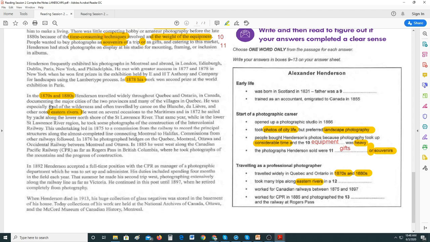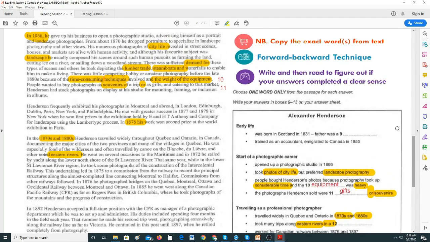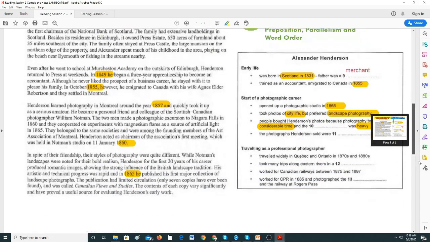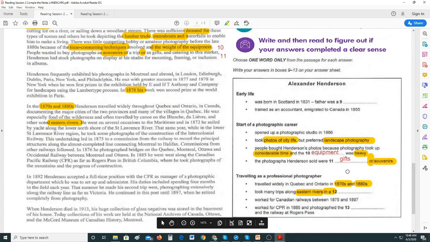Now he was especially fond of the wilderness and often traveled by canoe on the Blanche. Now in here, if you see the article rule in here, I told you in the previous page that article is very important, because if you find a, after a you need to have a noun. If you find the, after the you need to have a noun. So similarly, if you go back here, so Eastern rivers, in the Eastern rivers he used something and he was in that something.